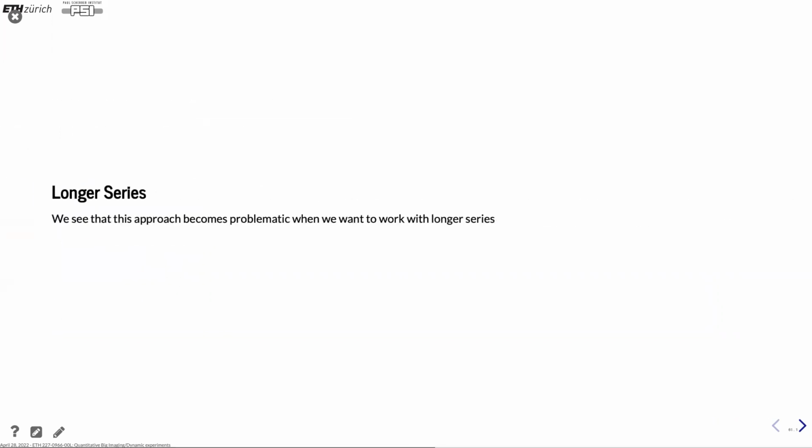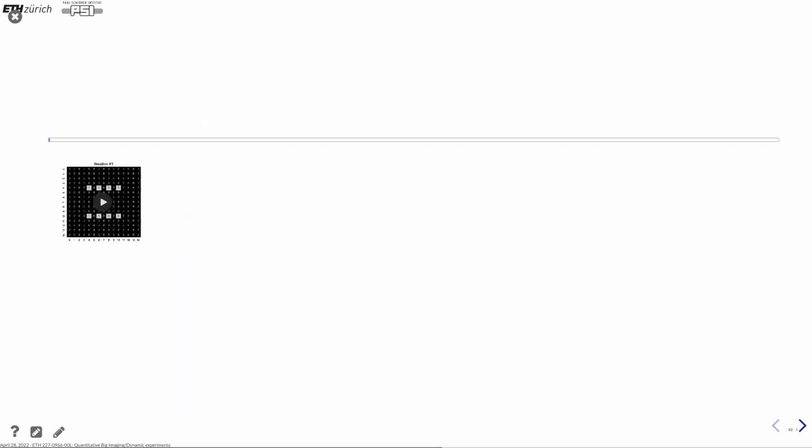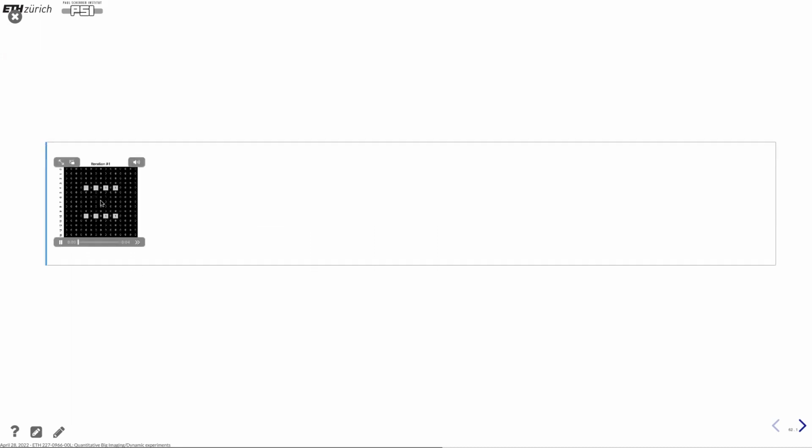If we do a longer series on this, we can look at a more complicated case. I have created here something that is moving not only diagonally, but stepwise up. And actually it moves down to the lowermost position, so it's kind of rolling over the edge.